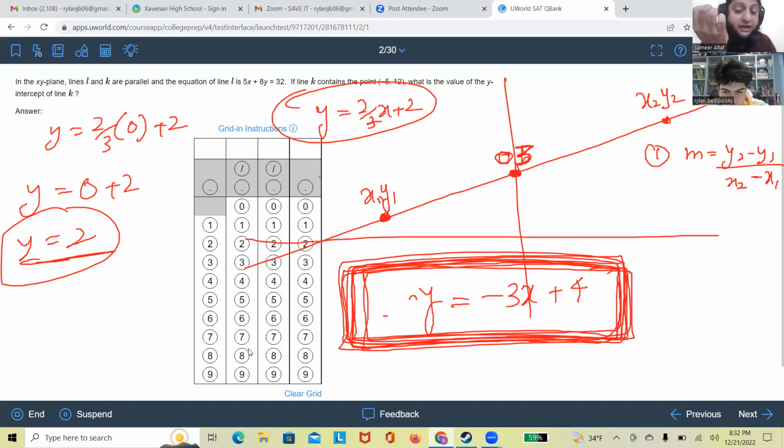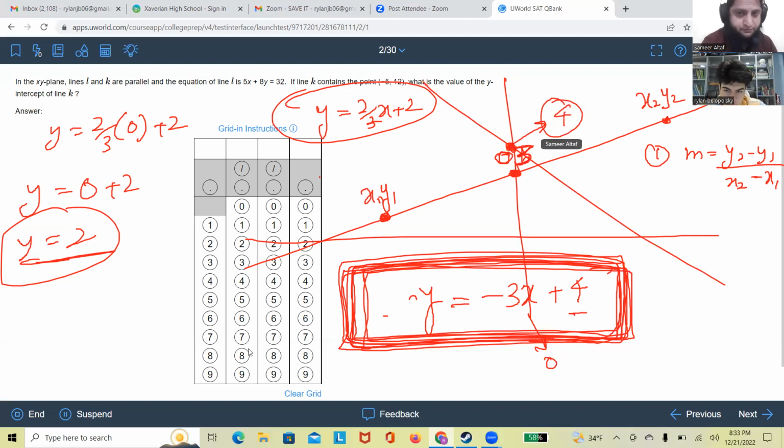You'll be plugging the value of x as 0, and then you'll be solving it. It would just be 4. That's why the 4 is written there, but still, you'll be getting the 4 as the y-intercept. That means this line is crossing the y-axis at 4, right?